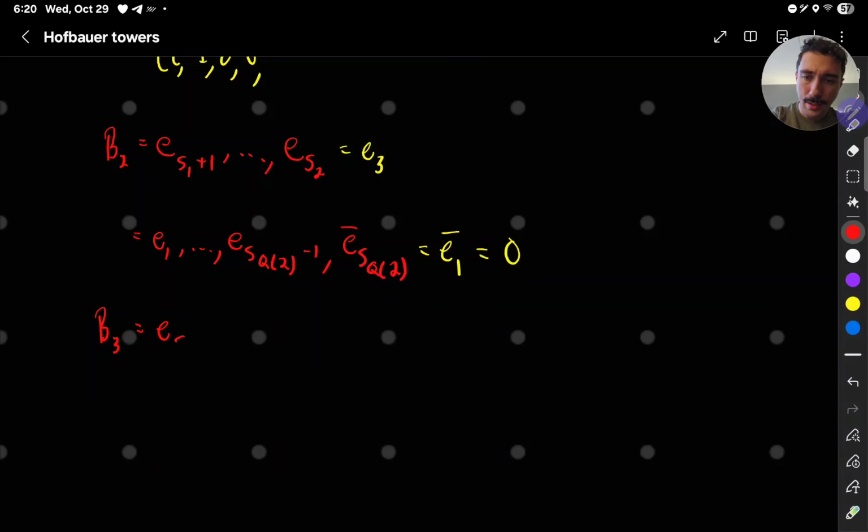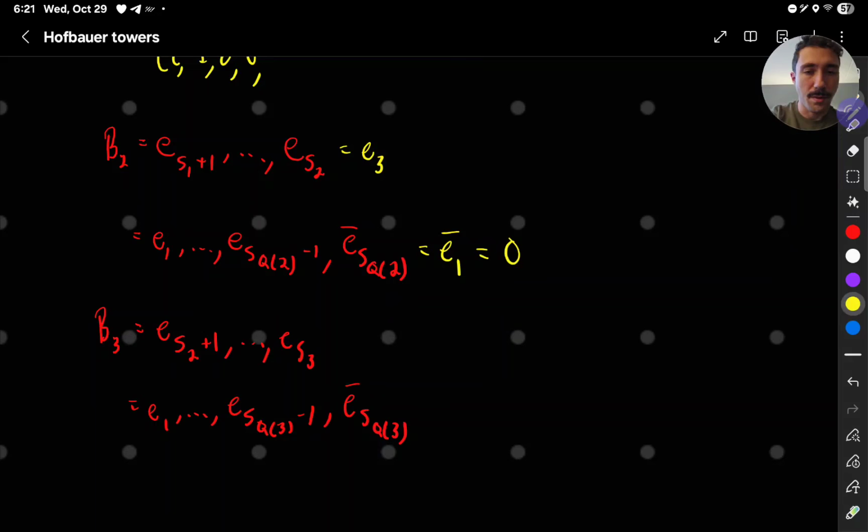So this is ES, well, 3 minus 1 is 2 plus 1, ES3, E1 up through ESQ3 minus 1, E pivot SQ3. Well, we know Q3 is just 1, right?